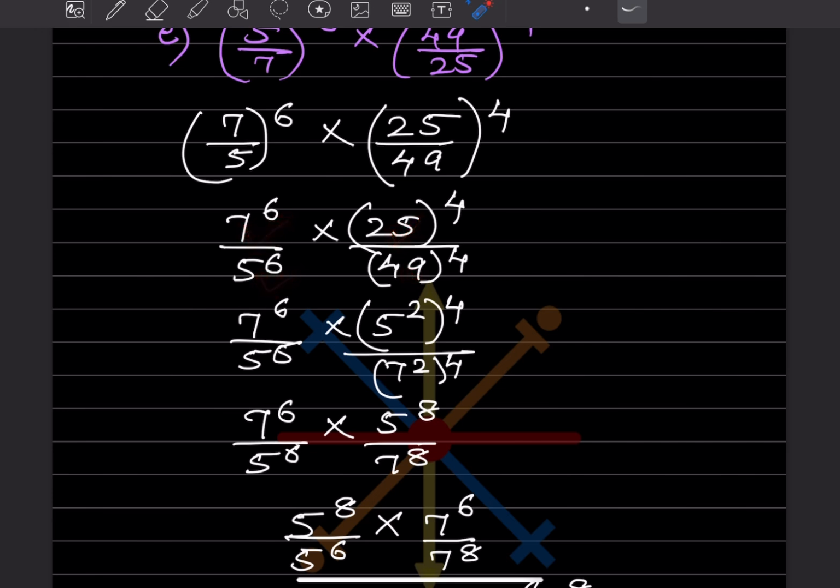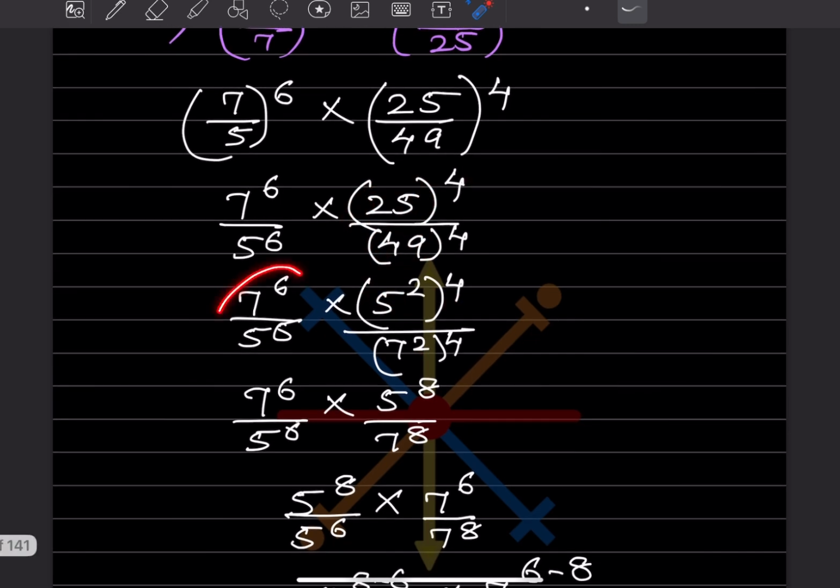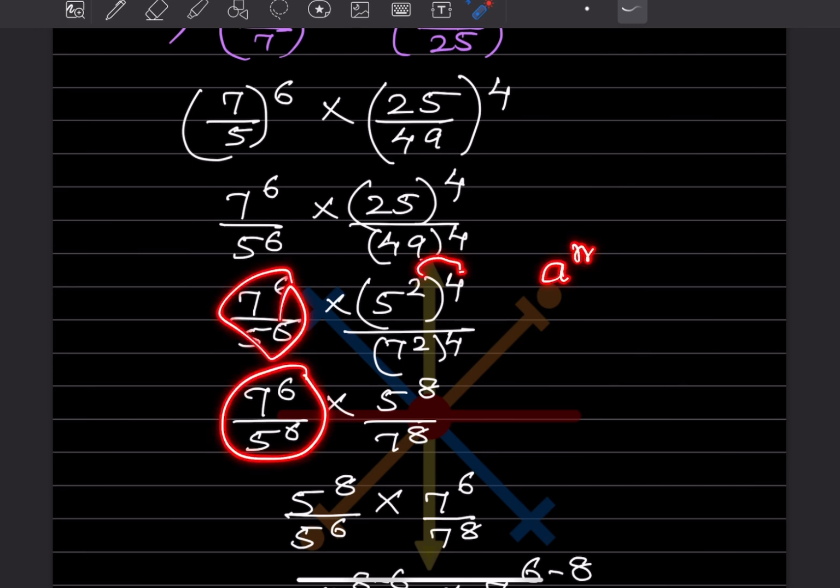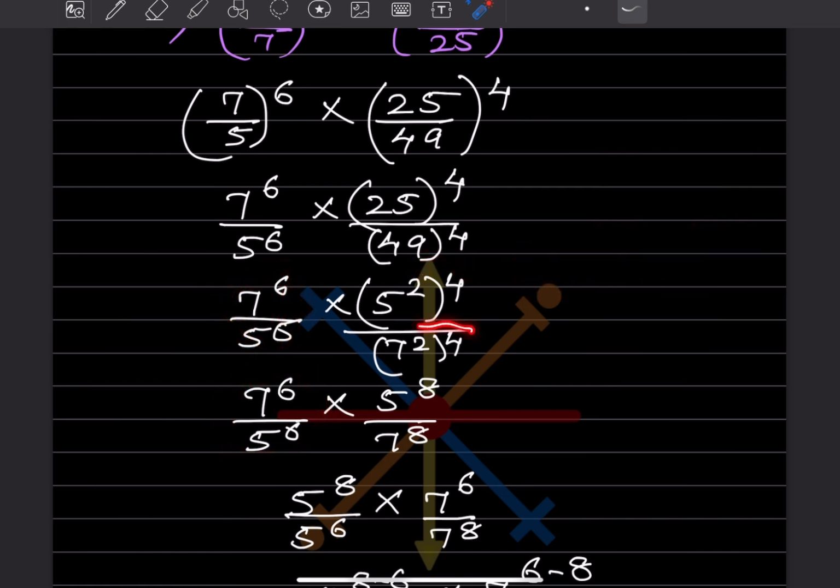So again, for 25 we can write 5 square, and for 49 that is going to be 7 square. This raised to 4 is going to be the same. So 7 raised to 4 will be the same. This is going to be 5 to the 8 because a raised to m raised to n is a raised to mn. Again here 7 to the 8.